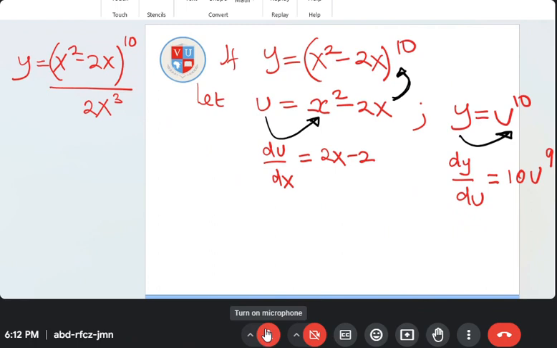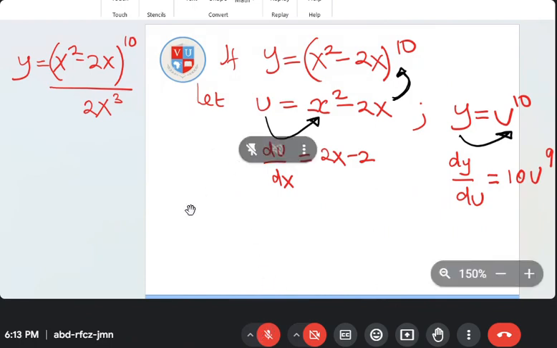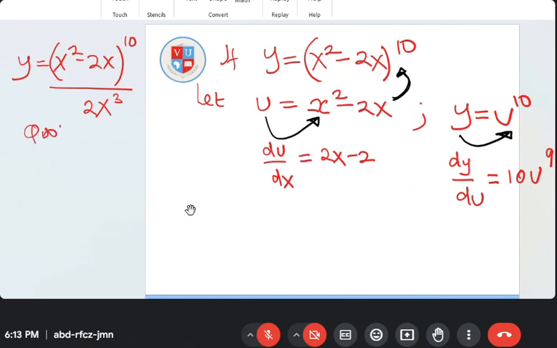Now, we are seeing the chain rule for the numerator, and after getting that, we have to also apply the quotient rule. So here, we expect to apply two rules. The main rule is the quotient rule. Then after applying the quotient rule, remember at some point you will need the derivative of the numerator.